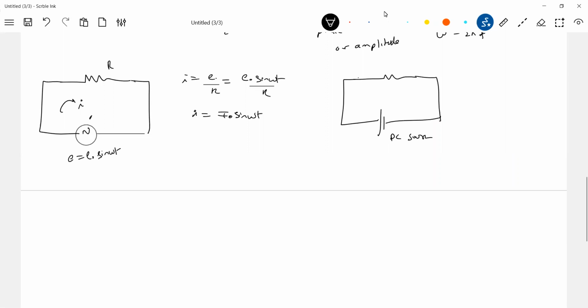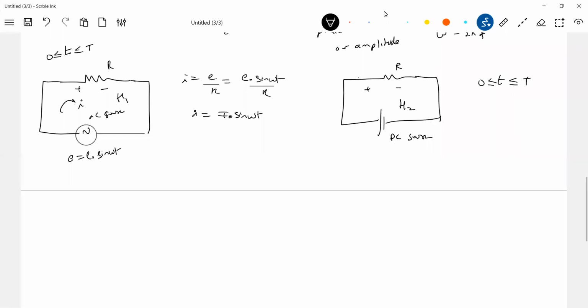This is called an AC source. I'll switch on this source for an interval of time, let it be 0 to t seconds. For the same thing here, I'll switch on this source for the interval of time 0 to t seconds. So I'll calculate the heat generated.